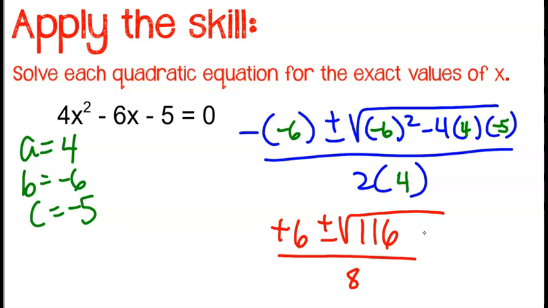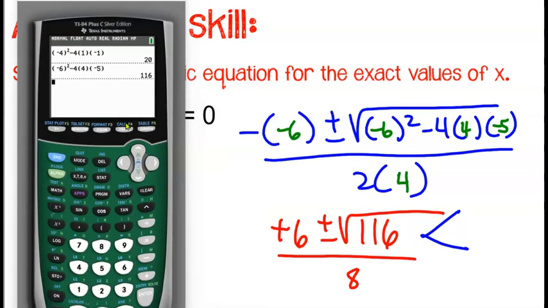Now here's where you need to start renaming this 116 as two separate factors, with one being the greatest perfect square you can find. So in order to check that, we're going to type the number 116 and we're going to start dividing by the perfect squares. So maybe we start with something around half of that, so about 50 or 60-ish.